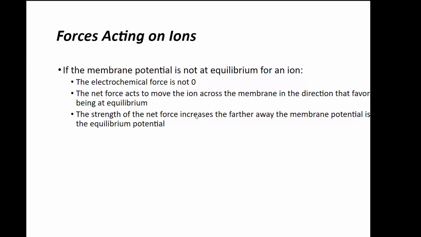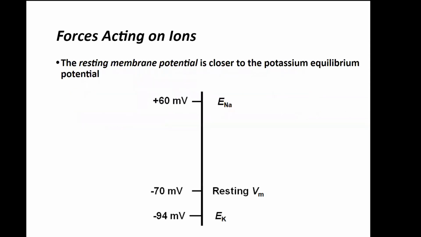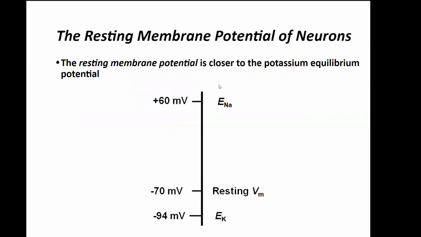This final factor we haven't talked about yet. We have talked about the electrochemical force and the equilibrium potential before, but we haven't talked much about the strength of that force. A fact that is true is that the strength of the force is going to increase the farther away from that membrane potential we get. If we look back at this diagram, we can see we're really far away from the equilibrium potential for sodium.